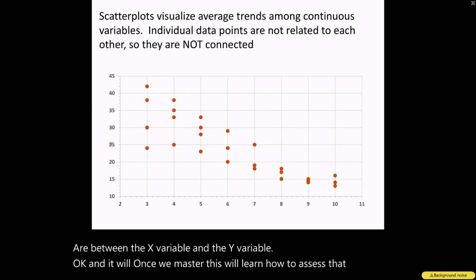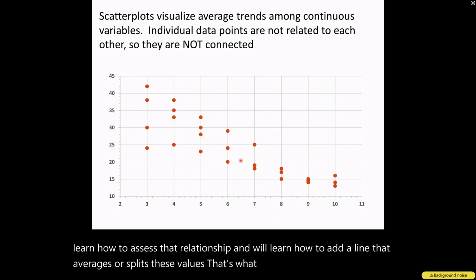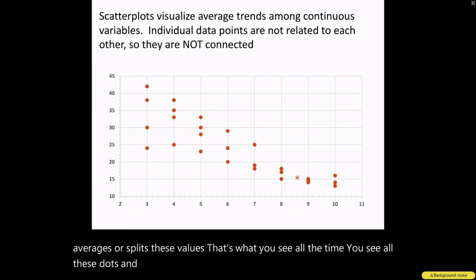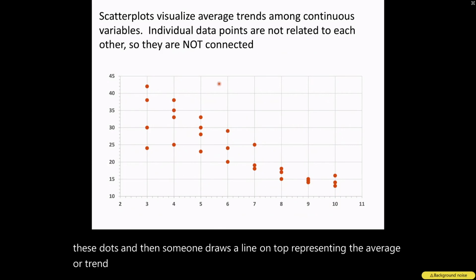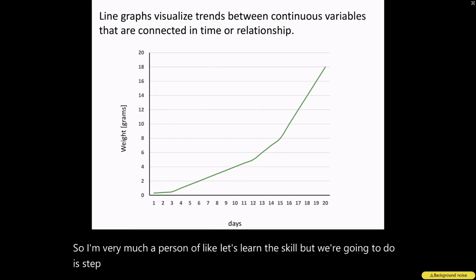We'll learn how to assess that relationship, and we'll learn how to add a line that averages or splits these values. That's what you see all the time. You see all these dots, and then someone draws a line on top representing the average or trend. We'll worry about that later. Let's learn how to make a scatter plot first. Okay? So I'm very much a person of like, let's learn the skill, but we're going to do it stepwise rather than dump it on you at once.